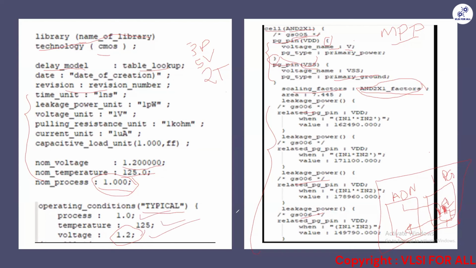If you want to go, instead of 1.2 volt, let's say at 1 volt. Now, if you want to characterize it for process, 125 degree temperature and 1 volt, the scaling factor is, let's say, 1.25. I'll explain.